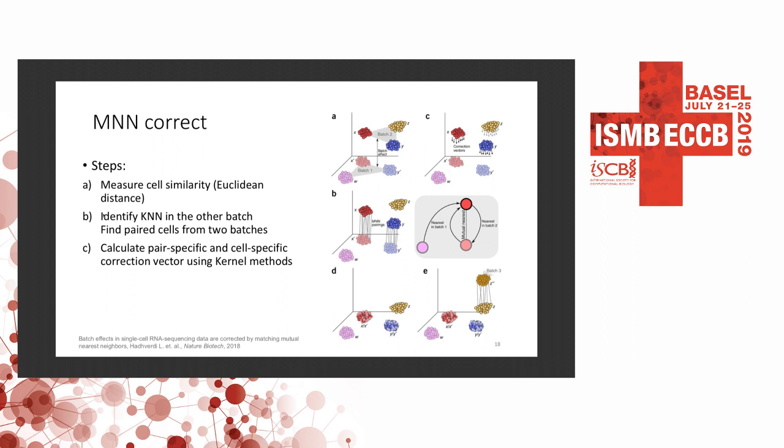So they identify the cells whose pairs they are very confident about, and then merge them. The other cells may be a unique cell type represented in one batch but not in the other. So that's the idea of MNN correct.